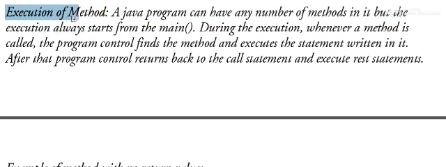Execution of a method: a Java program can have any number of methods, but the execution always starts from the main method. During the execution, whenever a method is called, the program control finds the method and executes the statements written in it. After that the program control returns back to the call statement and executes the rest of the statements.